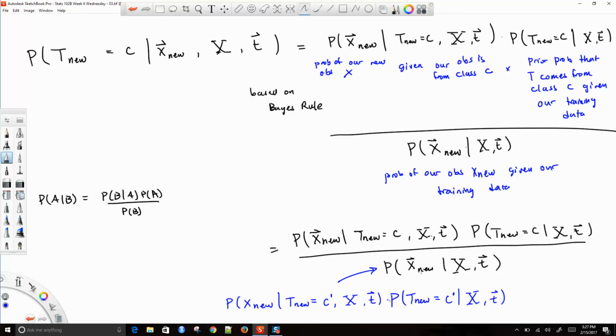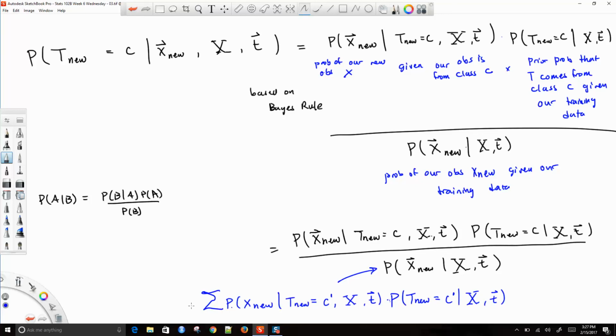Let's say there are only 2 possible classes for simplicity: under class 1 you might get these kinds of x's, and under class 2 you might get these other x's. So to get the total probability of all the x's, we have to sum across what x's we might see under class 1 and what x's we might see under class 2. And this part, this x nu, we will expand into a summation here.